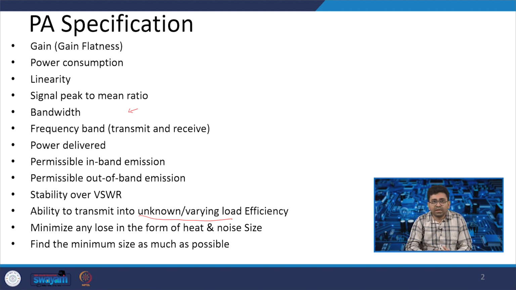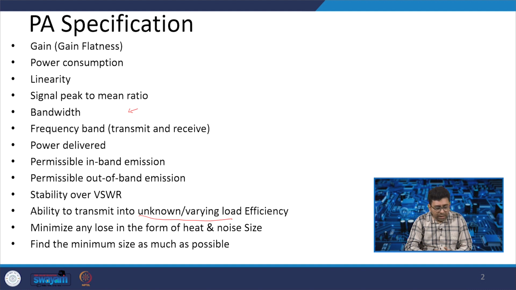So these are the parameters. There are many more parameters that are also possible, but these are the parameters that I think are important for power amplifier design. And no doubt efficiency is also part of this.